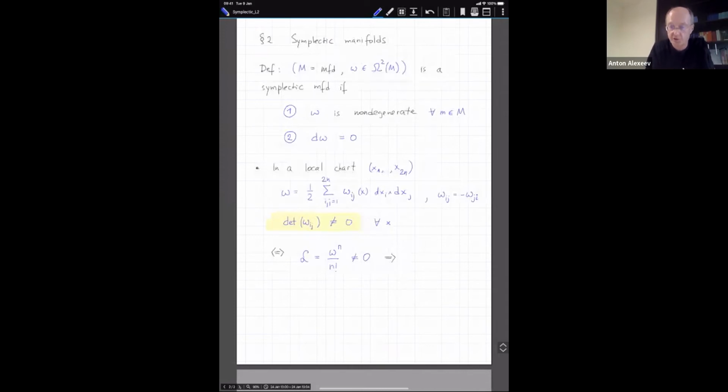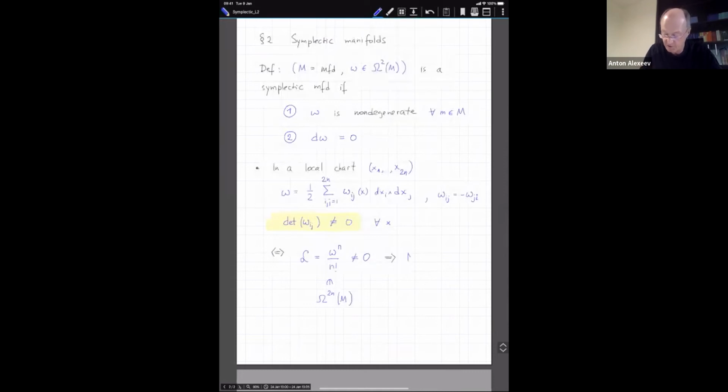Let me call the dimension 2n, and then the power of omega will be n, right? Otherwise, what I'm saying does not make sense. So this is a non-vanishing differential form of degree 2n, and there are topological consequences of it.